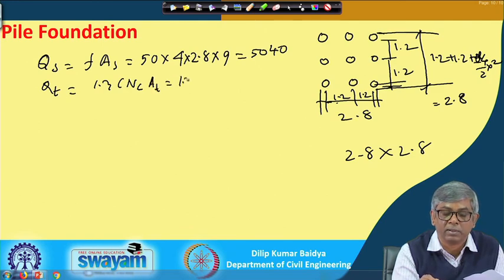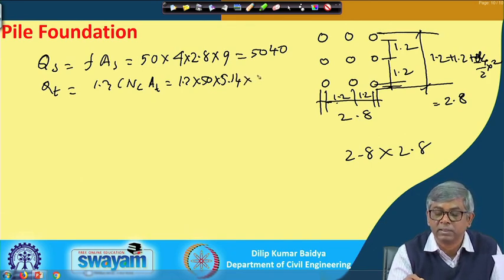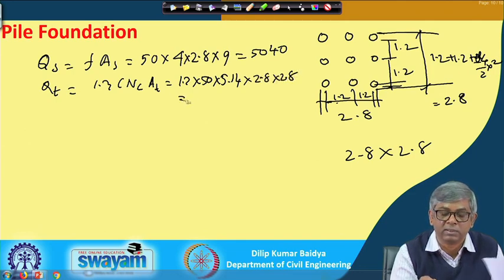So, it will be 1.3 multiplied by 50 multiplied by 5.14, and multiplied by AT, which is actually 2.8 multiplied by 2.8. So, this will give you a value equal to 2619.